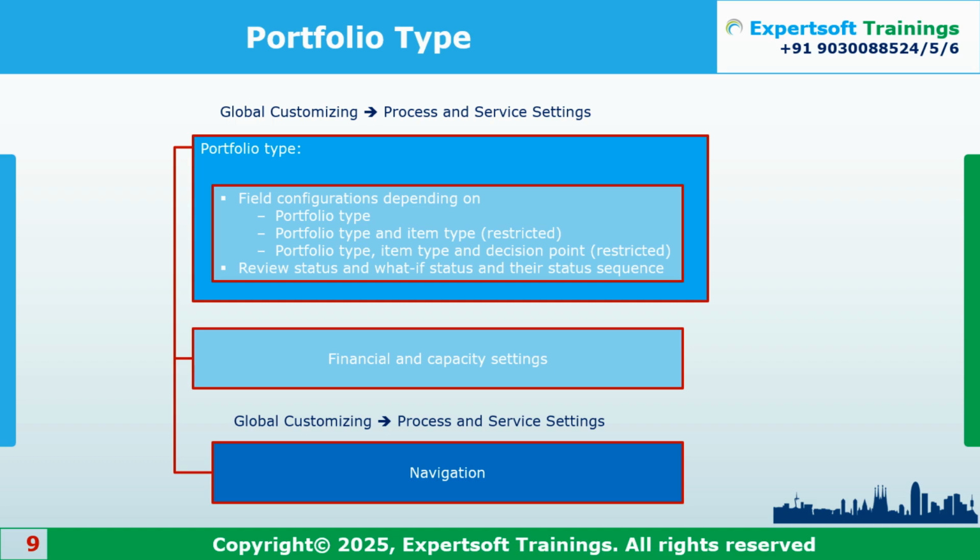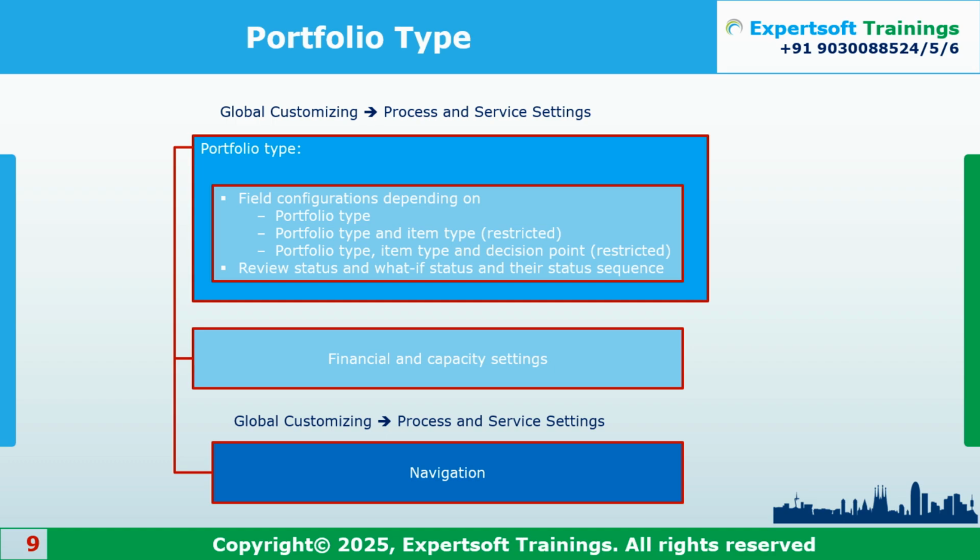Okay. In this portfolio type, you are going to create one portfolio type. Under that, whatever basic configuration, like regarding your buckets, your items or initiatives, and financial element planning or global settings, whatever basic settings we have done at the global level, everything we need to assign into this portfolio type.